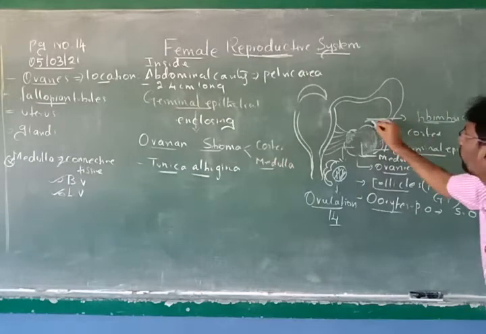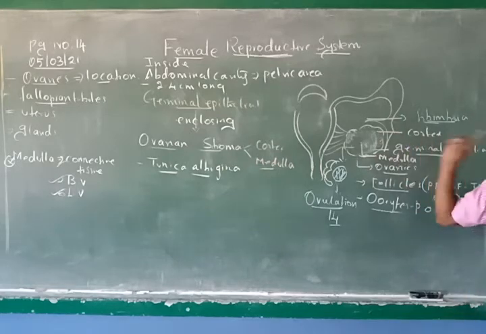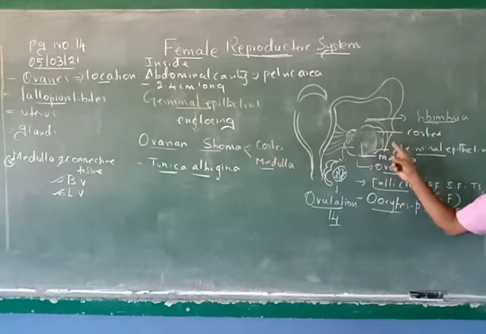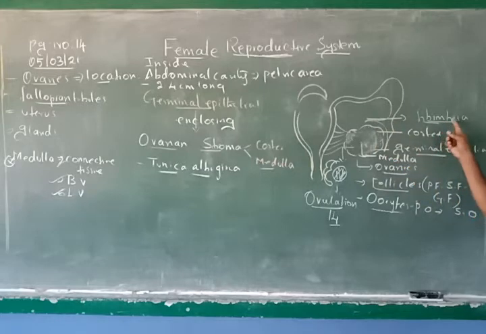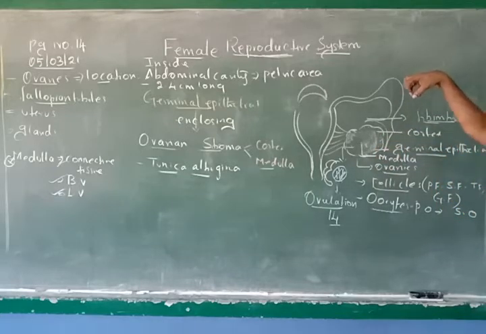Now the role of the fimbriae is to collect the ovum when it is released from the ovary. Understand? So now two things we will talk about in this fallopian tube. The first part, which has a finger-like structure, is called fimbriae. The role of the fimbriae is to collect the egg. When the ovary releases the egg, it will be collected and taken into this tube.